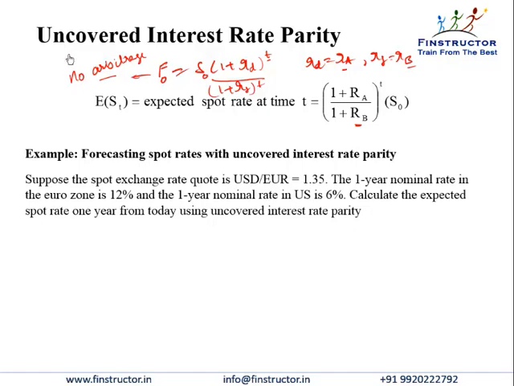However, the uncovered parity argues that the forward rate is an unbiased estimator of the spot rates in the future, or the expected spot rate would be given by the same relationship. That is, if the domestic currency has a higher rate of interest, then the domestic currency will see the currency depreciate. If the foreign currency has a higher rate of interest, then the foreign currency will see the currency depreciate.